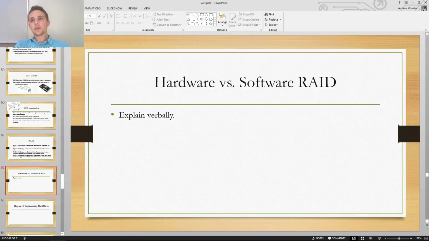Software RAID is you can do that within Windows, Linux, probably Mac as well, I would imagine, if you really wanted to. But because you're not supposed to mod Macintoshes, they probably don't have it. So in Windows, you just have 2 drives, and in disk management, you can easily set it up.